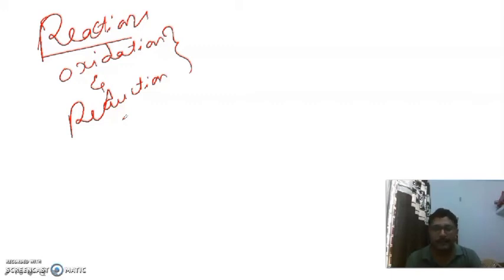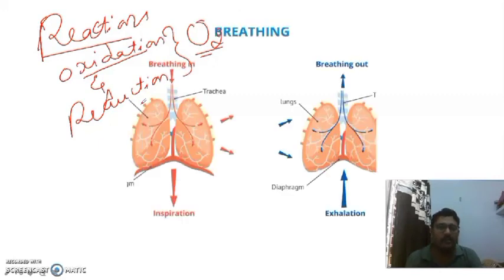But since oxidation is the process of addition of oxygen, to release energy most organisms need the gas called oxygen. Then how do we get this oxygen? By the process called breathing. When we breathe in, as you can see in the picture, our body inhales the oxygen, which enters into the lung.